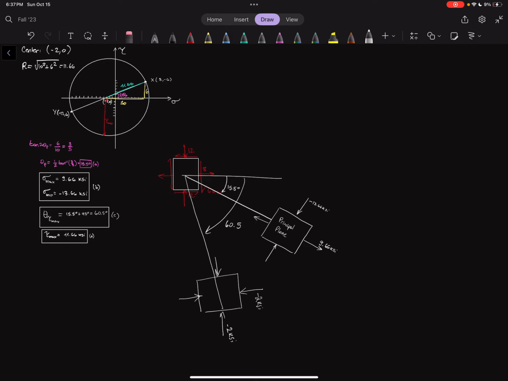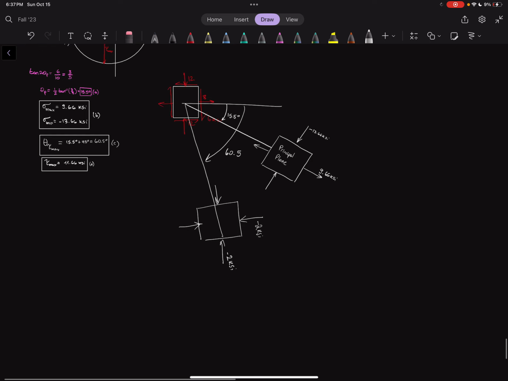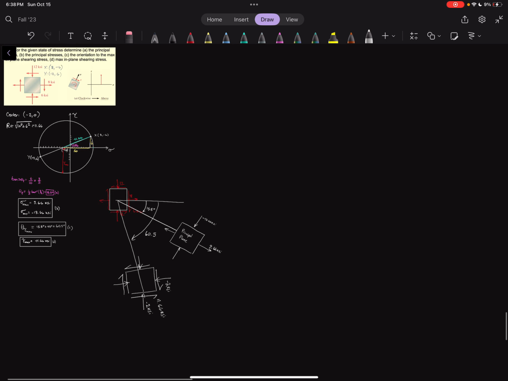So you'd go to -59. And so your X face would have the shear that is positive. Your Y face would have the shear that's negative. So we would write this, and then I'd write 11.66 KSI. Okay, I hope this was useful for you, and I will see you next time.